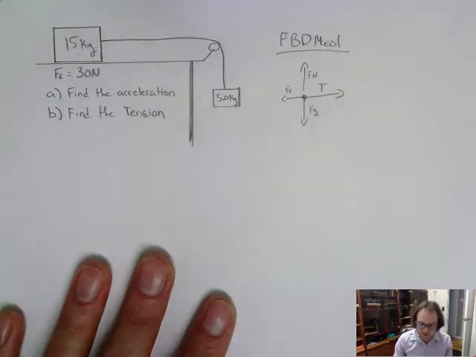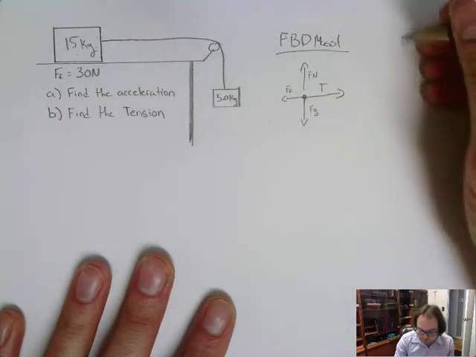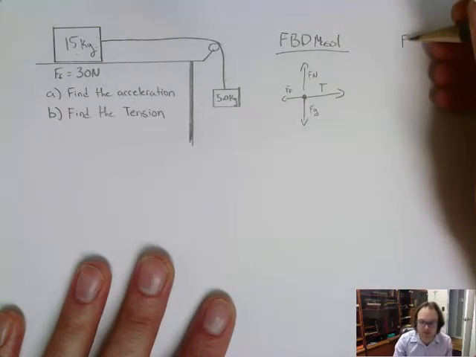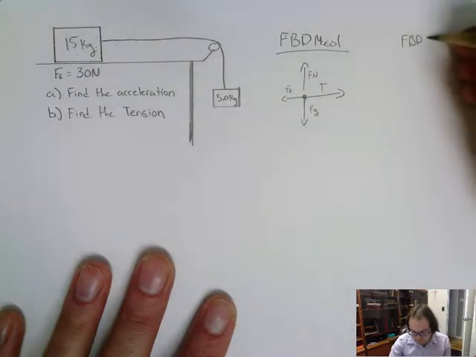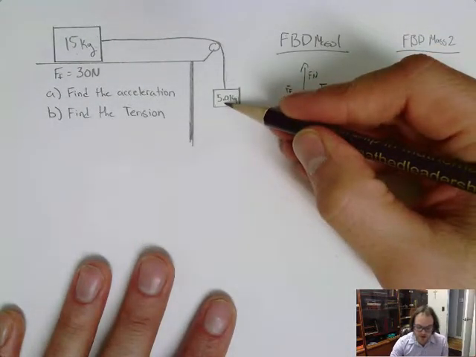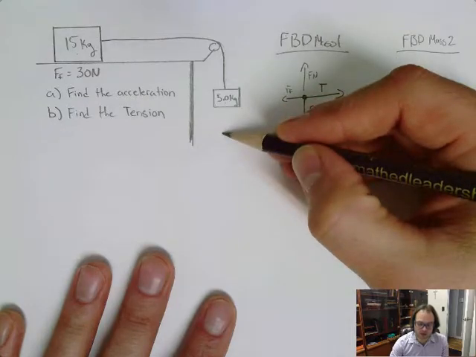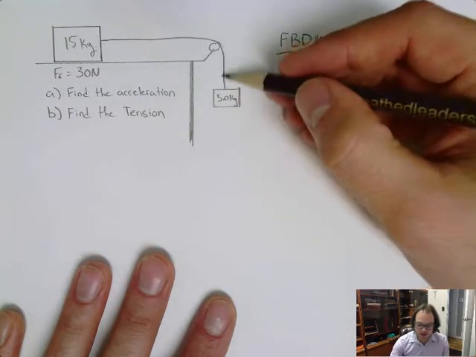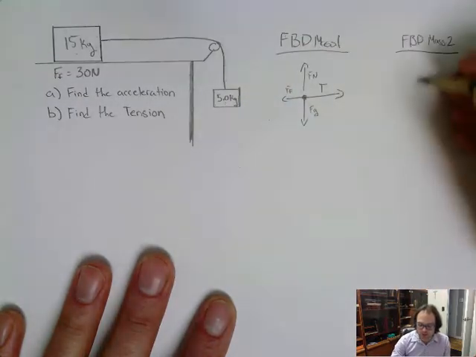All right? Now let's look at mass 2, my free body diagram of mass 2. For this one, all I have is the weight of it pulling it down, so the force of gravity pulling it down, and I have the tension trying to keep it up.